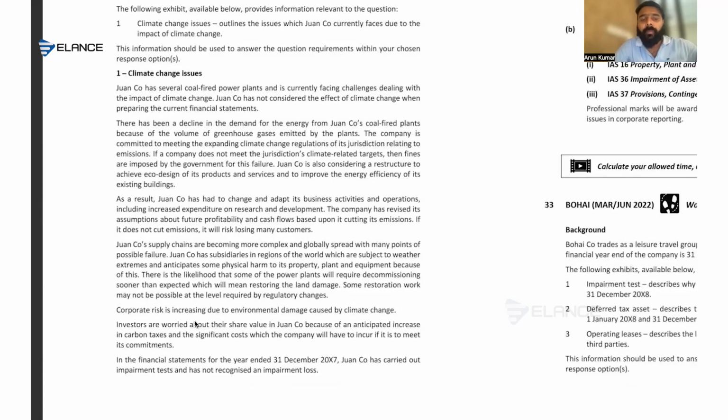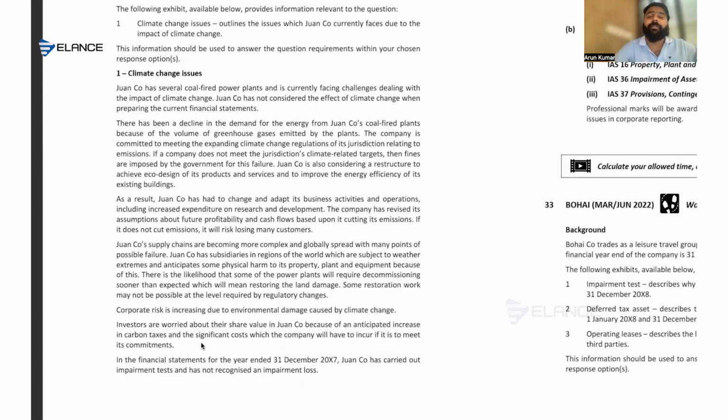Okay. And the corporate risk is increasing due to the environmental damage caused by climate change. So investors are worried about their share value in Juvan company because of the anticipated increase in carbon taxes and significant costs which the company will have to incur if it makes its commitment. So what does that mean?